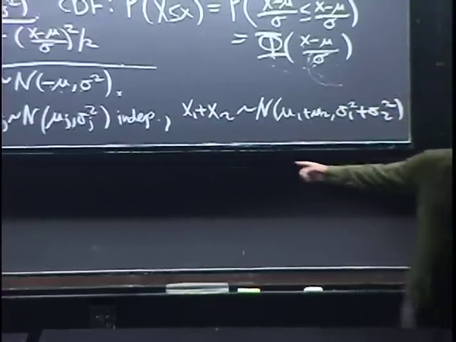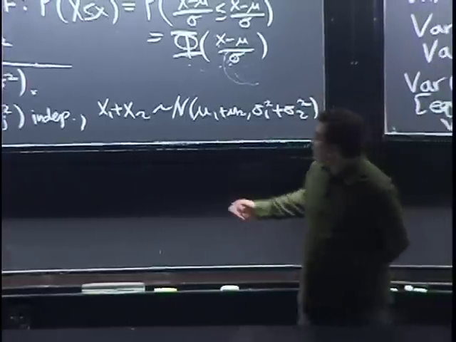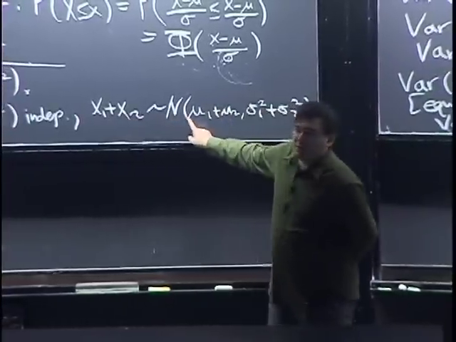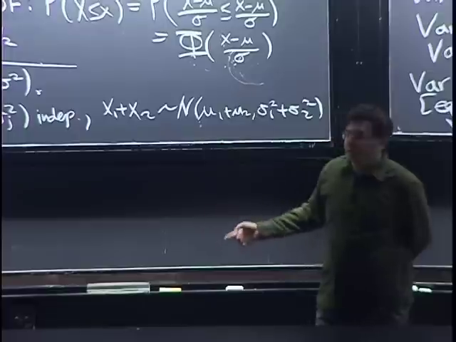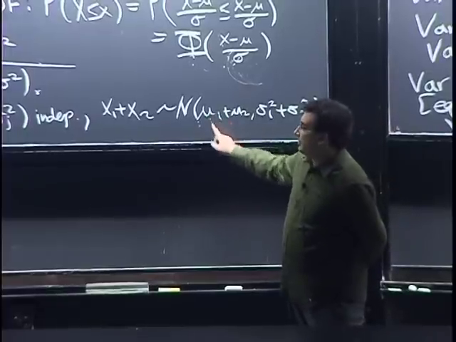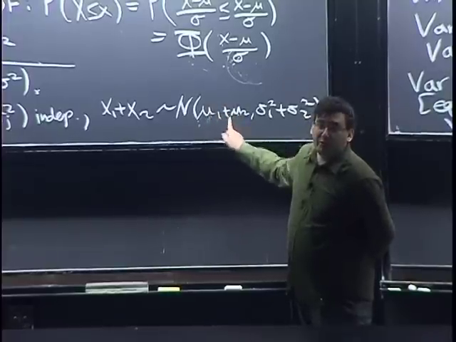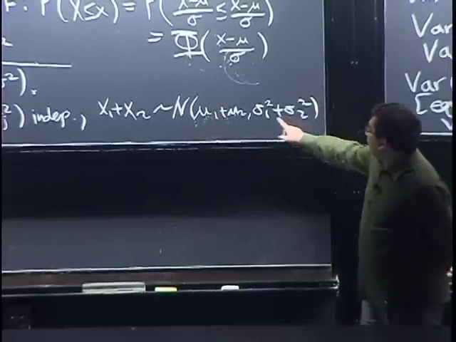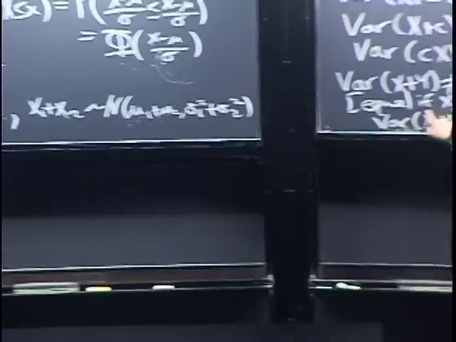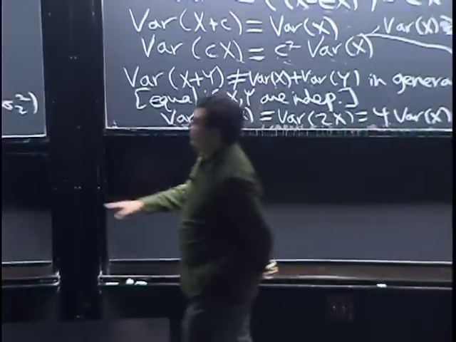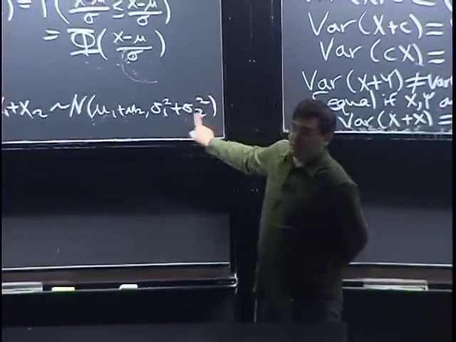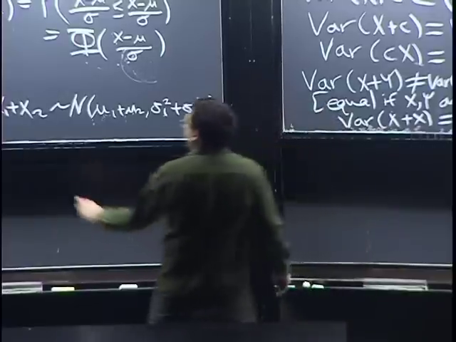So that's something we need to prove, and we'll do that much later. The sum of independent normals is normal. But the reason I'm mentioning it now is just let's think about what happens to the mean and variance. By linearity, we know that the mean would have to be mu1 plus mu2. The variance, this is something else we'll prove later. In the independent case, we can just add up the variances. So it's just sigma 1 squared plus sigma 2 squared.